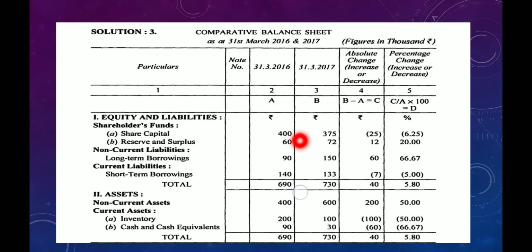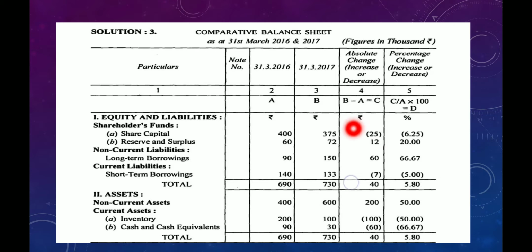After that, non-current liabilities. The previous year is 90, the current year is 150. Then the absolute figure is 60 upon 90 into 100, that is 66.67. Then the previous year is 140 and the current year is 133, a negative balance which is shown in brackets, and the absolute data is divided by the previous year data into 100, that is 5.